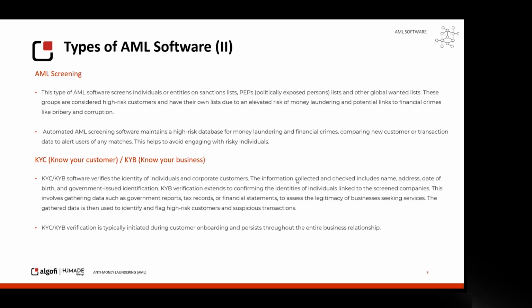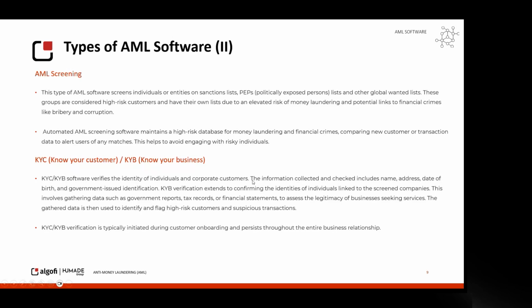This involves gathering data such as government reports, tax records, or financial statements to assess the legitimacy of businesses seeking services. The data is then used to identify and flag high-risk customers and suspicious transactions. KYC, KYB verification is typically initiated during customer onboarding and persists throughout the entire business relationship.